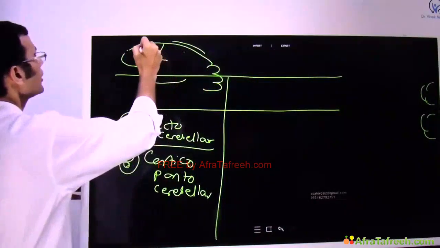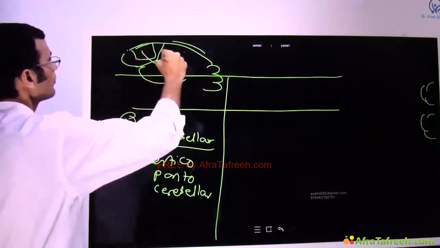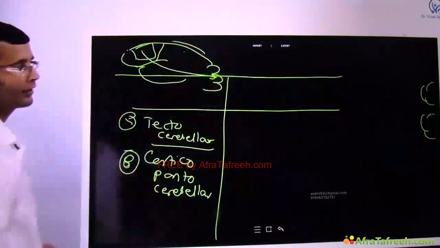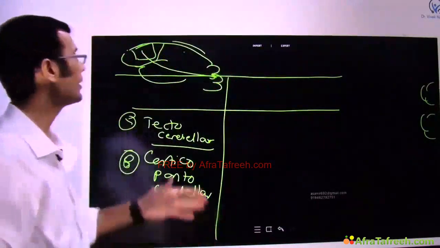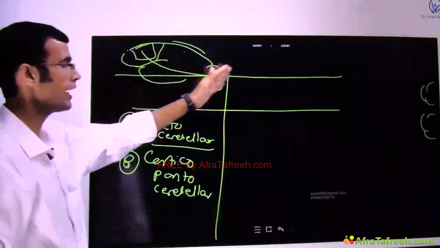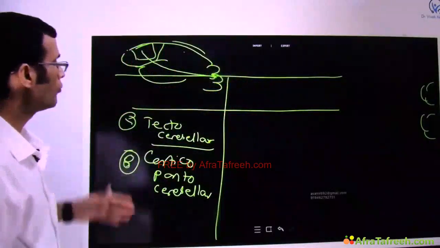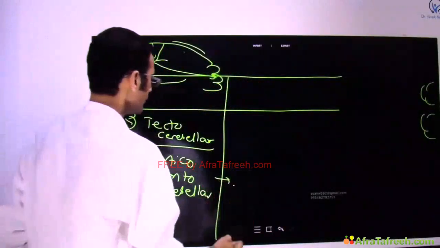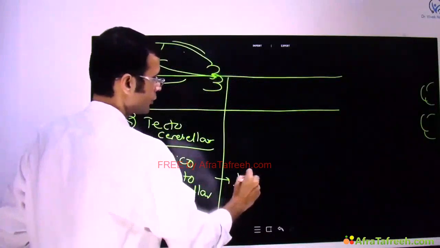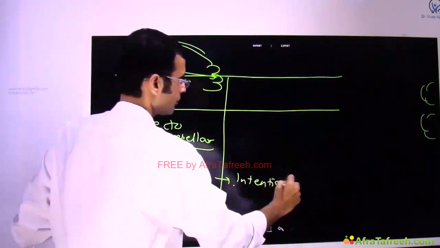So from the motor cortex in the frontal lobe to the hindbrain, this is the longest tract in the brain, from the motor cortex to the pons and into the cerebellum. What does it convey? It conveys the intention of the cortex regarding the voluntary movement.